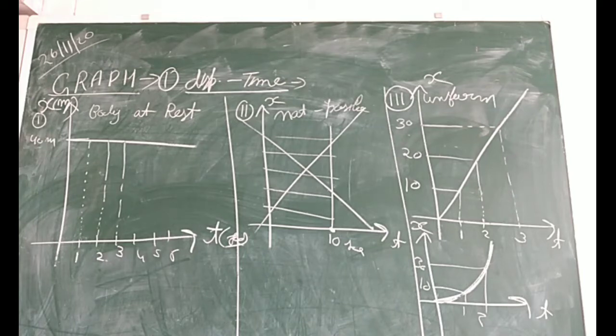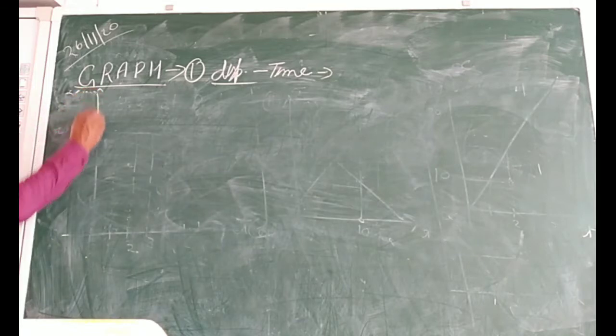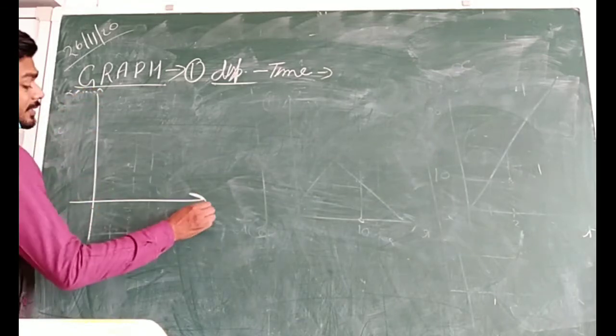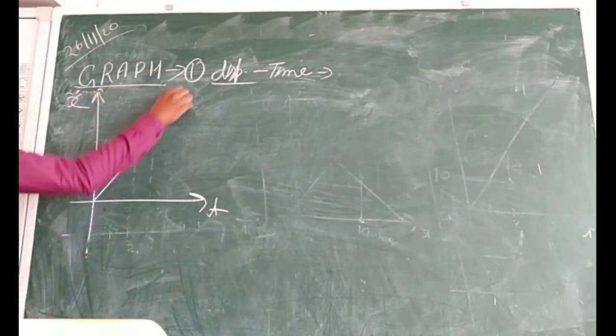Yes. Okay. Now we are going to perform some calculations based on the graph. In the calculation portion, suppose I have a graph, this is the time and this is the displacement, and I am going to take this graph.